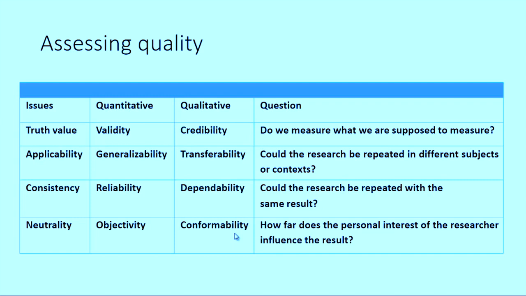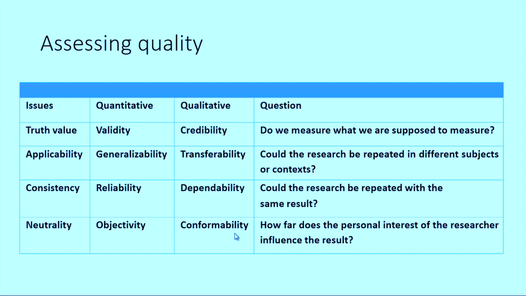In quantitative, we know the generalizability or external validity. In qualitative study, there are also criteria for that, what we call transferability. And that relates to the question whether the research can be repeated in different subjects or different contexts.